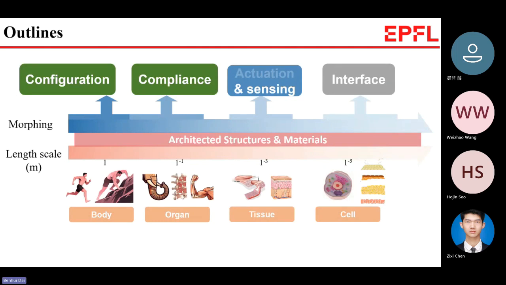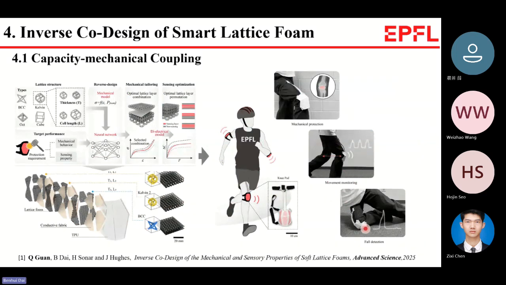At the tissue level, beyond actuation, we can also introduce sensing regulation with electromechanical coupling effect using flexible electrodes or smart materials. In this smart lattice foam design, the capacitive mechanical coupling effect was introduced with a flexible electronic layer, combined with the tunable mechanical behaviors, so we can tune its sensitivity and also realize the required impact absorbing performance.